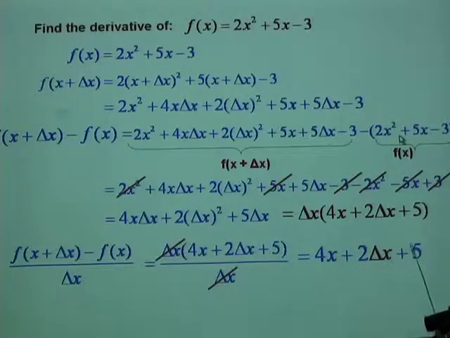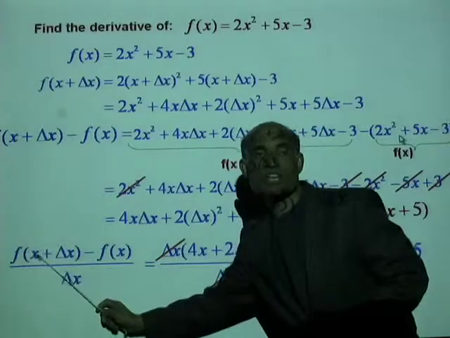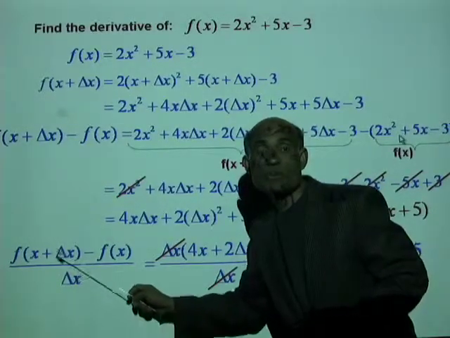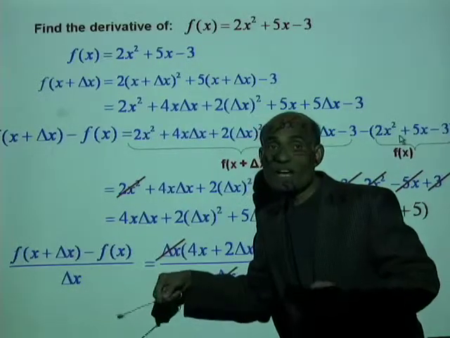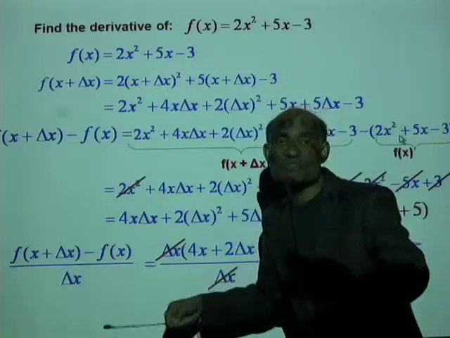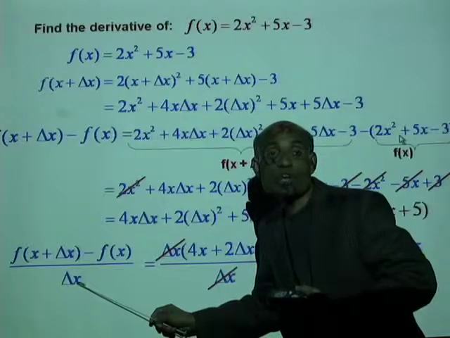Now, what is this quantity? What do you call this? It is a change in the function value divided by the change in the input, the average rate of change. Now, when does the average rate of change become the instantaneous rate of change? When does delta x become very close to 0?